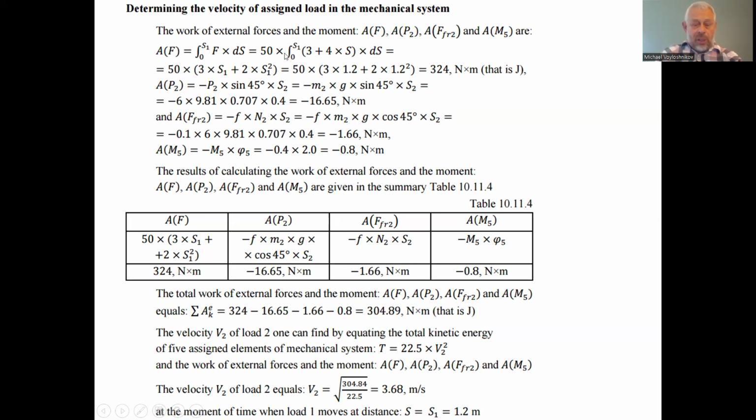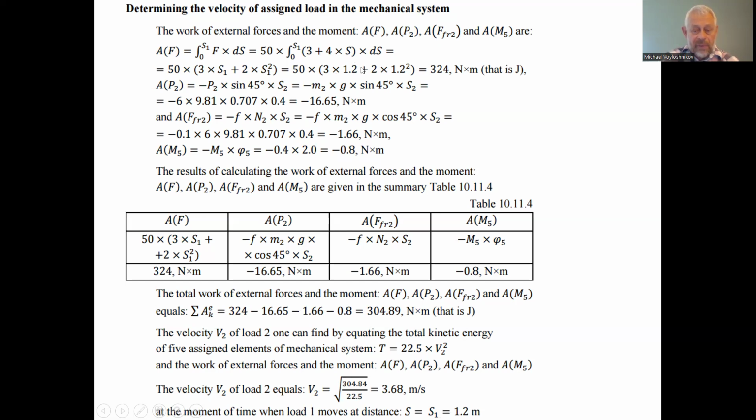After the disclosure of this integral and after the set of the data, what is S1 here, we can find that the work of the force acted on the first load by its displacement of 1.2 meters, 1.2 squared.